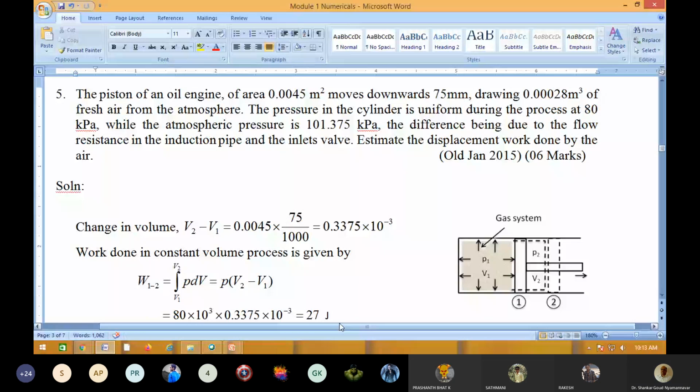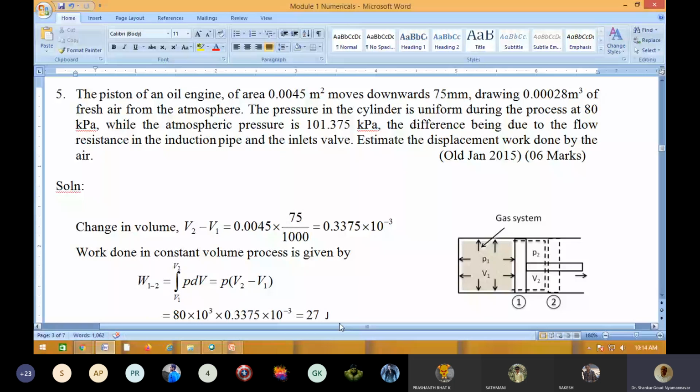Yes, did you calculate this? Yes. Everyone calculated these values?